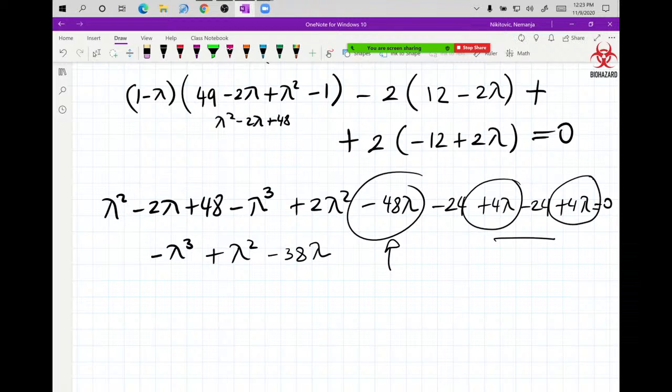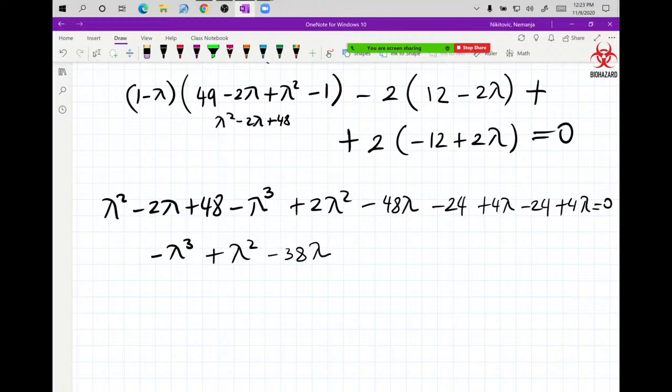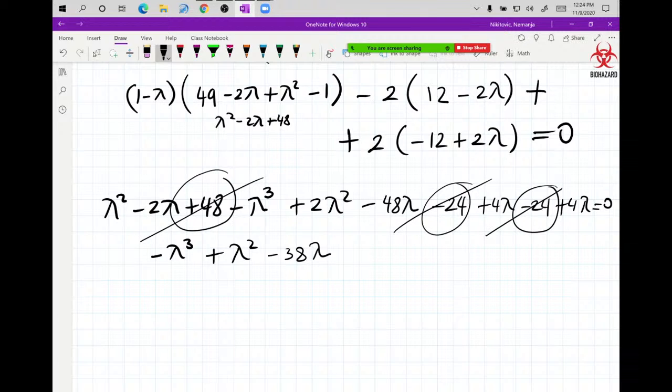And all I'm left with are the numbers. And the numbers are minus 24 and plus 48. They cancel. I don't have any other numbers. It should be minus 42 lambda, because -2 plus -48 is -50, plus 8 is -42. You are saying this is -42. Uh-oh.